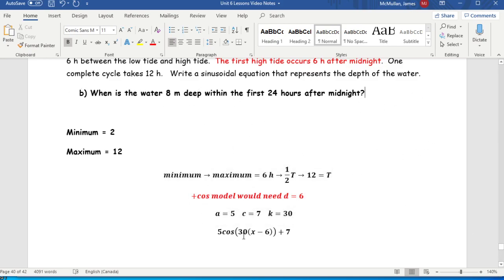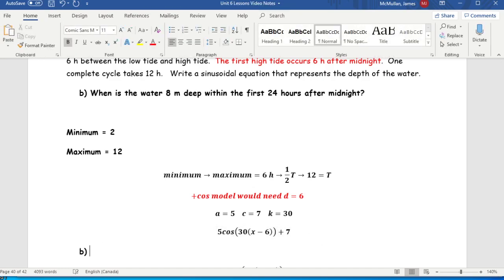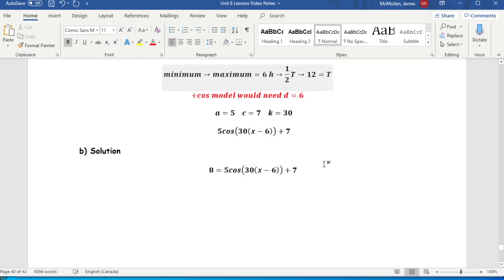So let's try and do this using what we did last time. 8 equals 5 cos 30(x minus 6) plus 7. So now I'm looking at part B. When is the water 8 meters deep? I take the equation and set it equal to 8, and solve it the same way we were solving it a minute ago.